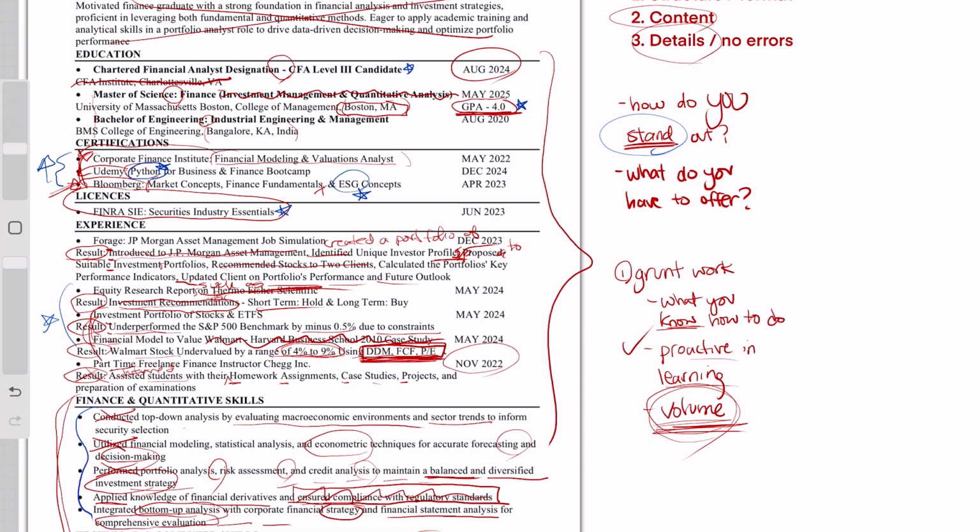To wrap up, the key takeaways from this resume critique is if you don't have any work experience, then you want to show, first of all, make the edits that I explained, and then second of all, pick one or two industries and evaluation tool and really dive deep into learning them. Instead of taking classes across various fields, just pick and become an expert in one or two things.